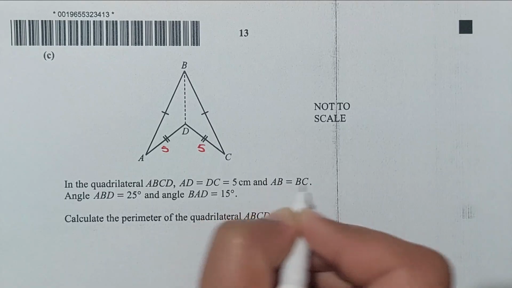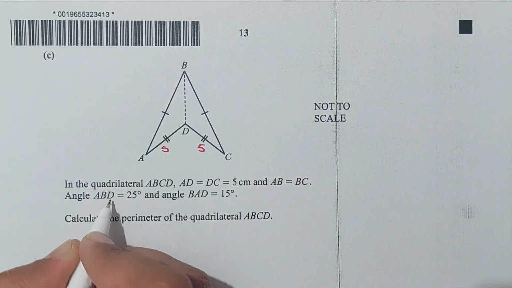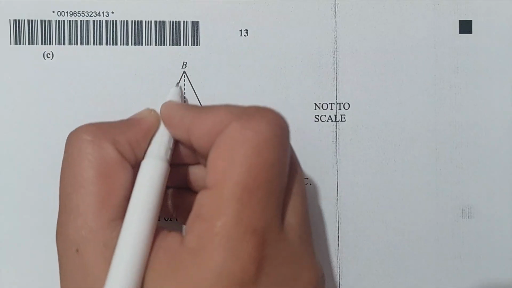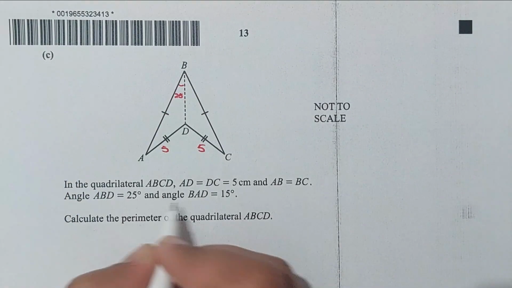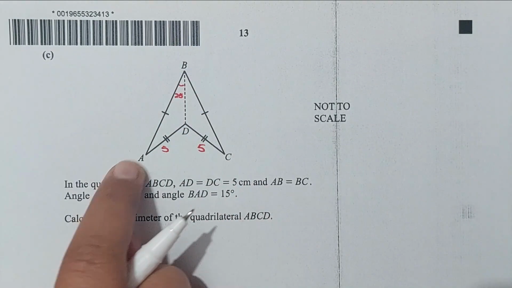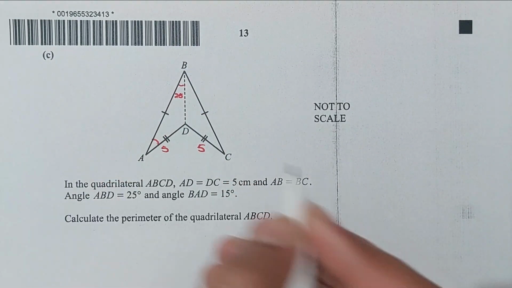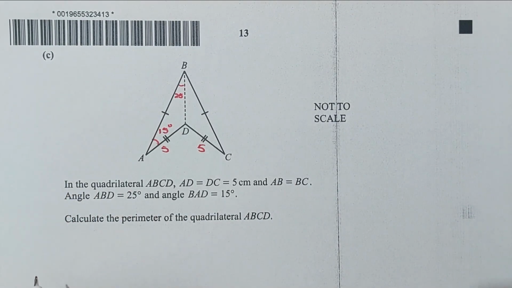AB and BC, these two are the same, and the angle ABD, this angle is 25 degrees, and the angle BAD, this angle is 15 degrees. All right. Now calculate the perimeter of the quadrilateral ABCD. Perimeter is the sum of all sides.